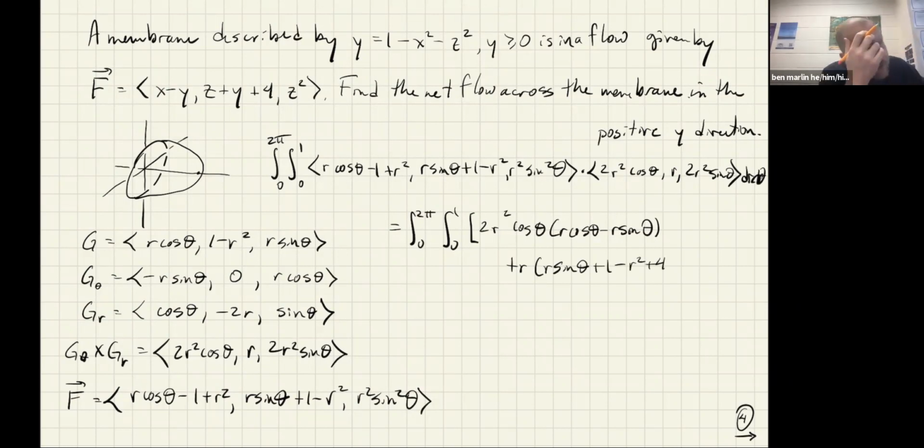Oh, for goodness sake. Y'all, I forgot to write my plus 4 up here, which is why that looks wrong.